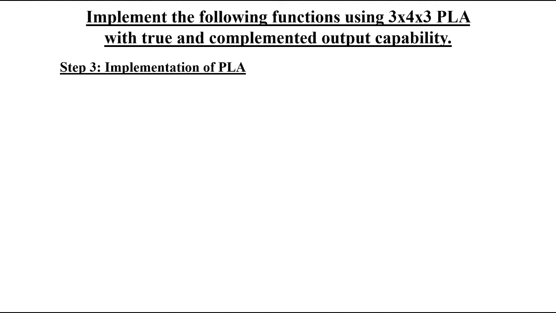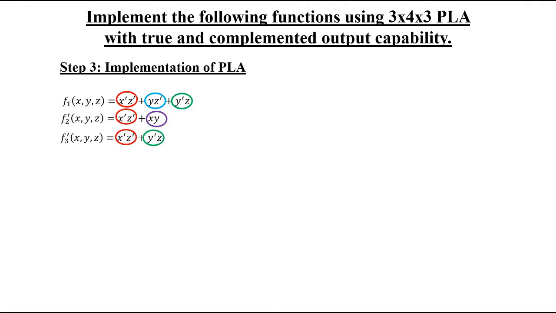Next, the last step is implementation of PLA. From the 6 functions obtained from the K-map just now, 3 of the 6 functions are chosen, which are F1, F2 bar, and F3 bar.